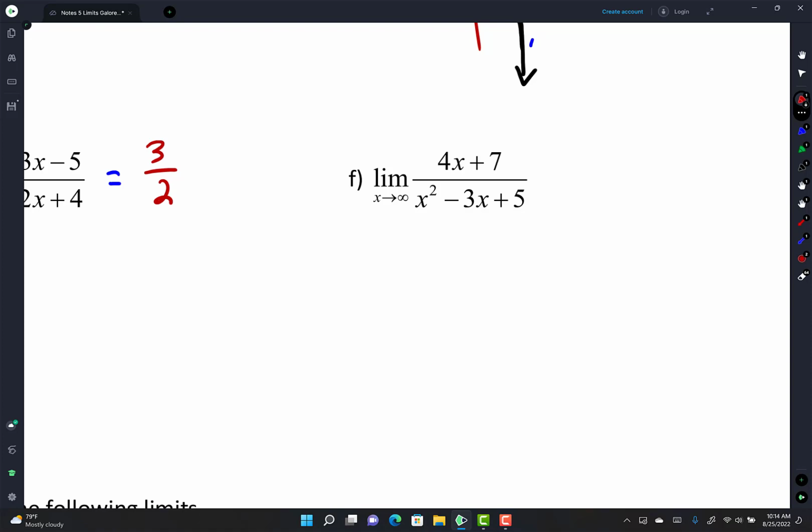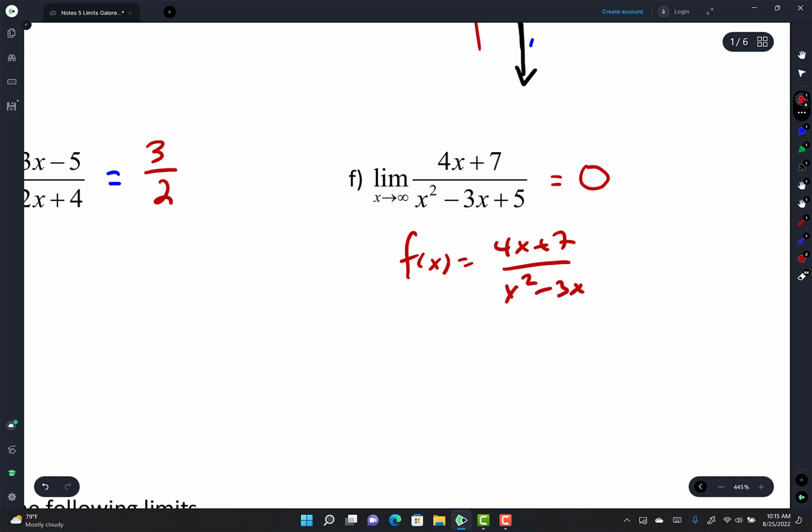The denominator because of the x squared, right? So this is going to be approaching 0. Because I'm approaching a number, they're not asking, but if they said, what's the horizontal asymptote of f of x equals 4x plus 7 over x squared minus 3x plus 5, if they ask you for the horizontal asymptote, it's 0. Right? Because that's my end behavior.